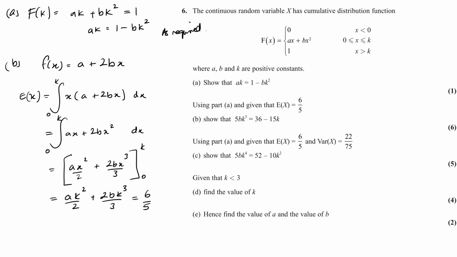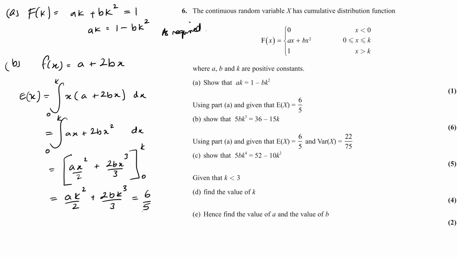Now, what I need to do here is get everything onto kind of one line, if you will. So, looking at this, I need to multiply by 6, don't I? And I also need to multiply by 5. So let's multiply through by, what should we say, 15? Will that do it?